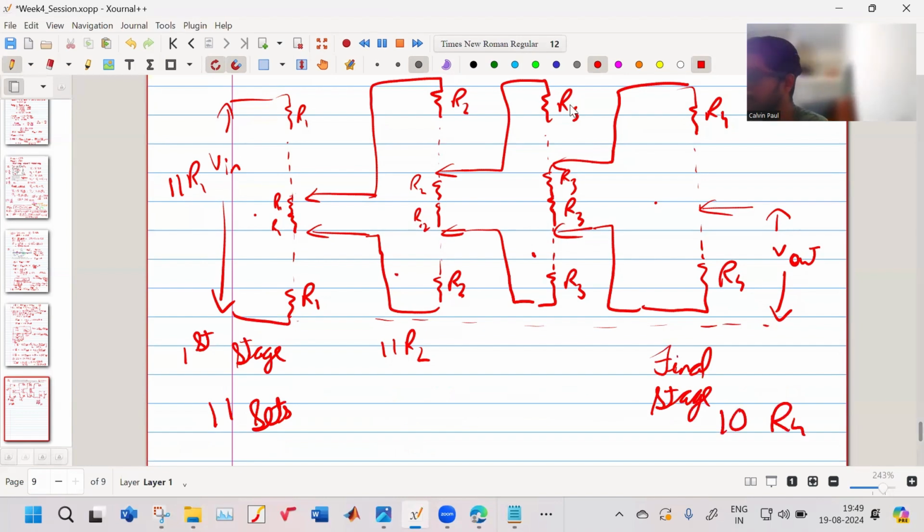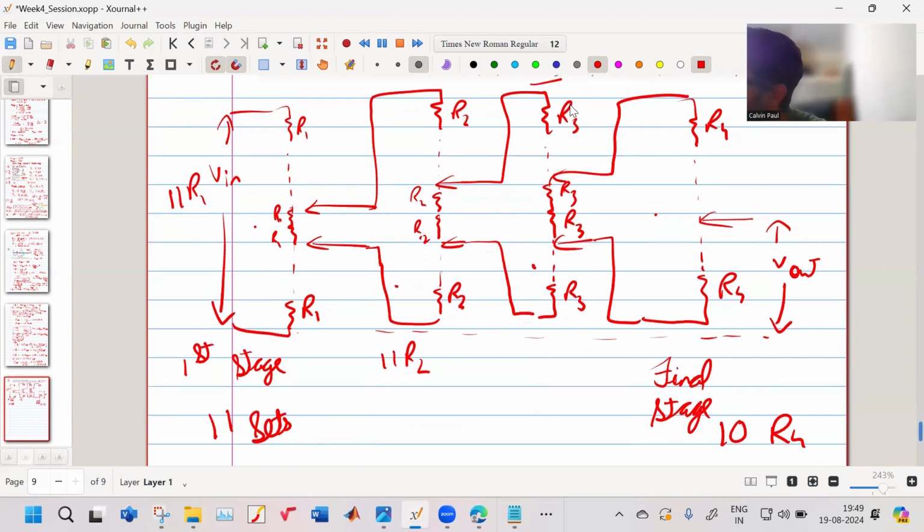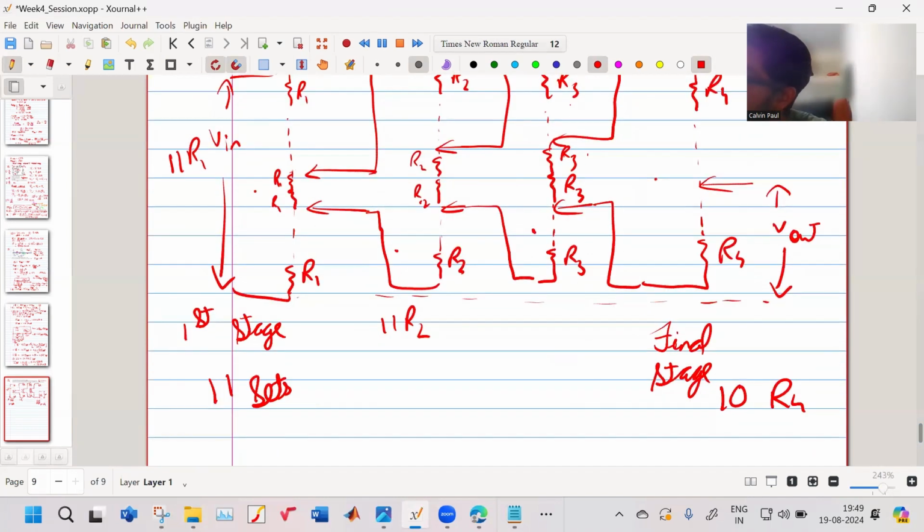Okay. Now, each time we take it across two resistors. And we want that 2R3 should be equal to 10R4. Effectively, we want 2R3 should be equal to 10R4.